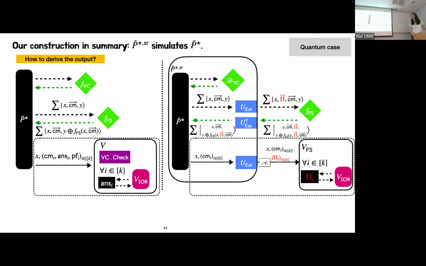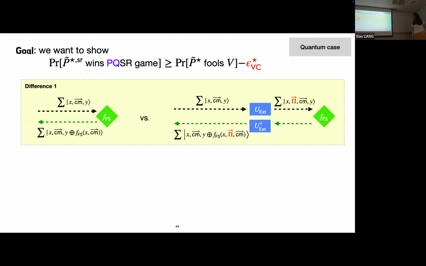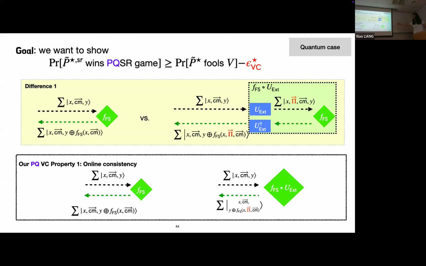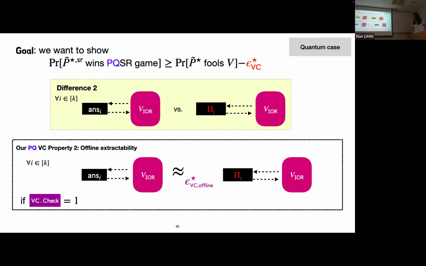You are not going to fix the pi I. No. It's a probability that when the verifier's queries are answered with pi I, the extractability error is described by whether the VC check is probabilistic. You need to argue that either you use something like this or you count the weights. Yeah, considering the randomness.